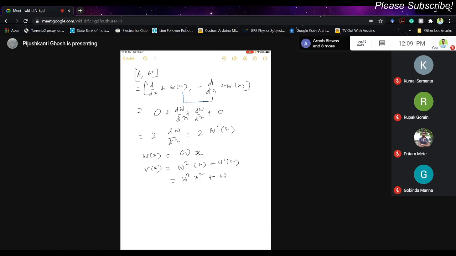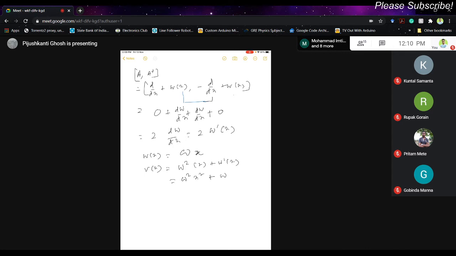Of course, constant term also omega, but as you know by now that adding or subtracting constant term with the Hamiltonian, energy eigenvalues get shifted by that constant amount, right?